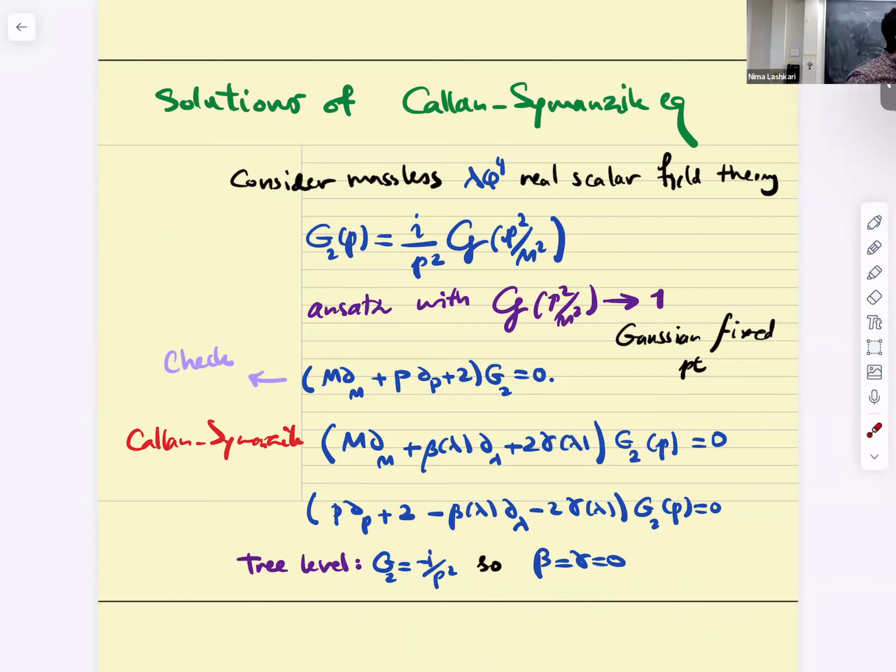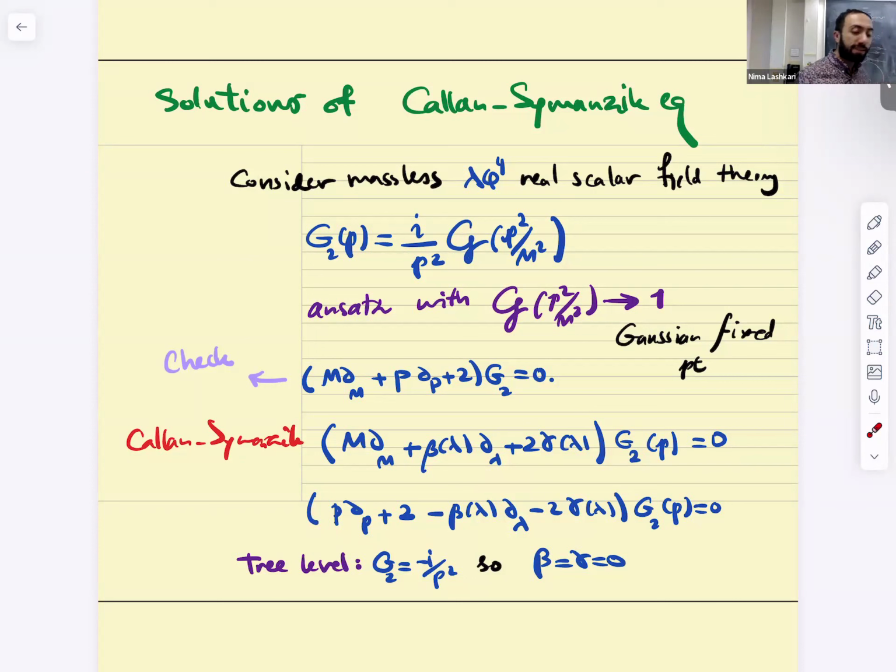It's a method to solve PDEs, and as you just saw, the Callan-Symanzik equation is a PDE. It's a function of m and a whole bunch of lambdas. To simplify, you can think of it as just a function of m and one lambda. So we're going to discuss that.